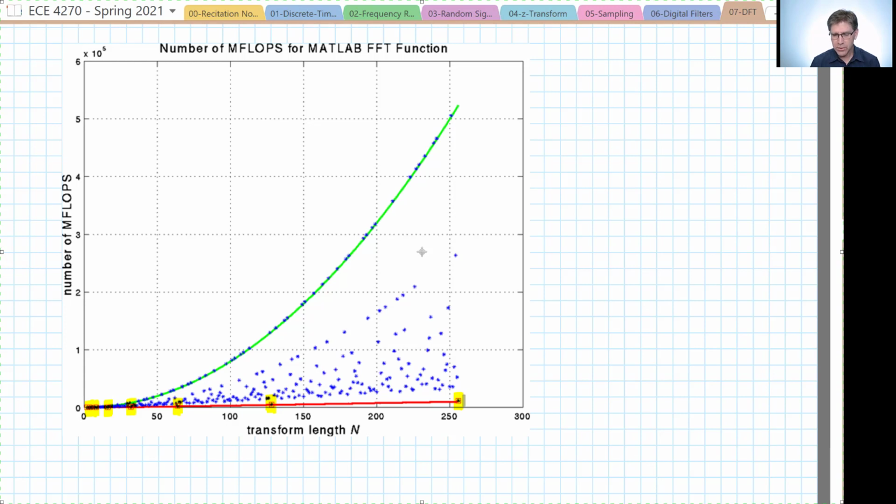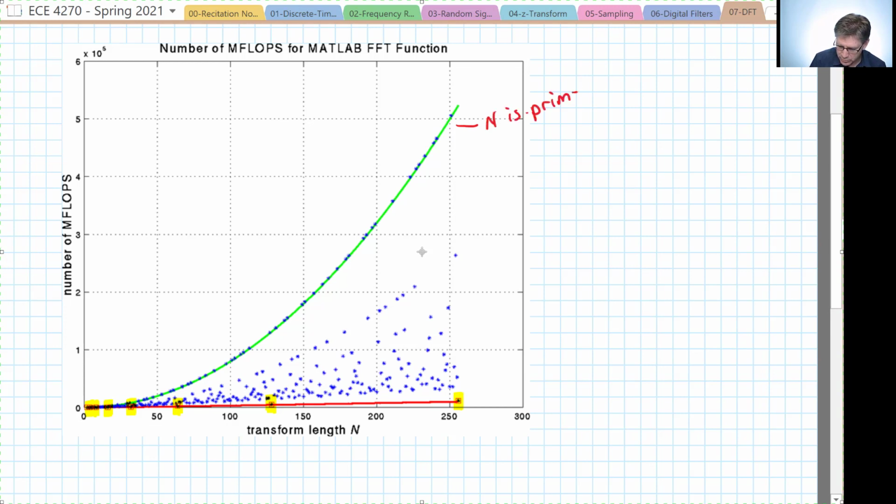So as long as you can break down your DFT into smaller DFTs such that it divides evenly into n, you're okay. If, on the other hand, you can't, it's because n is prime.